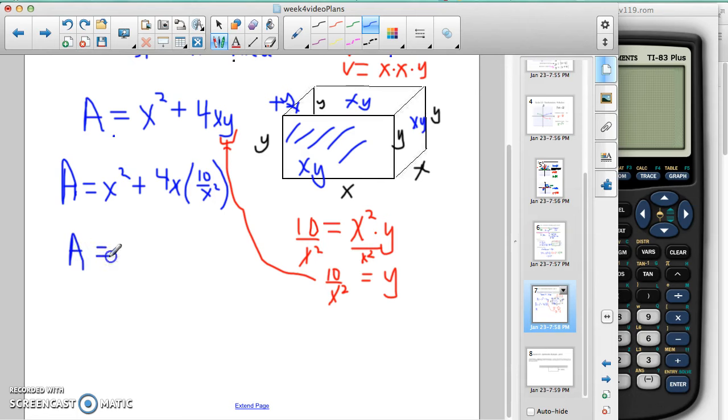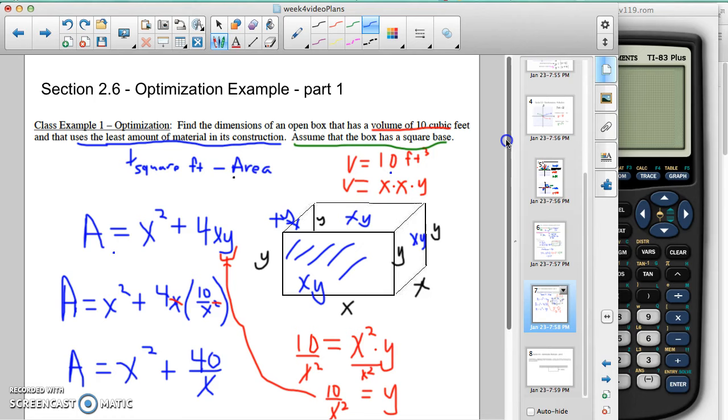So it's going to be x squared. I can't simplify that part because we're not adding anything to that. Now here we're going to multiply 4 times 10, so we're going to get 40 in the numerator. Now this x will reduce with one of these in the numerator or denominator, so we're going to end up with 40 over x. Okay, so this is what I'm looking at as my function of area.